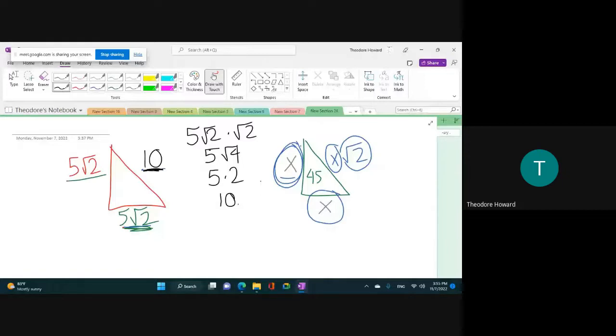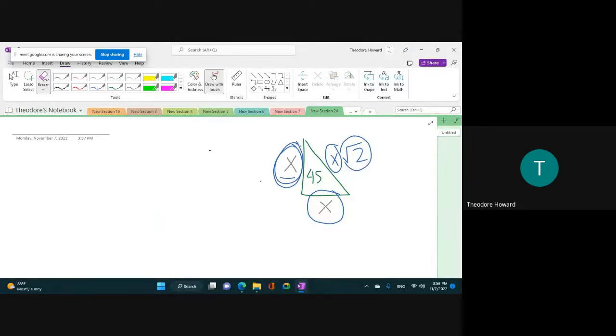Remember, going back to your little chart, this was A, this was B, and what's my C? 10. That should make it a little bit easier for you. Okay, let's do this again, the same exact way.